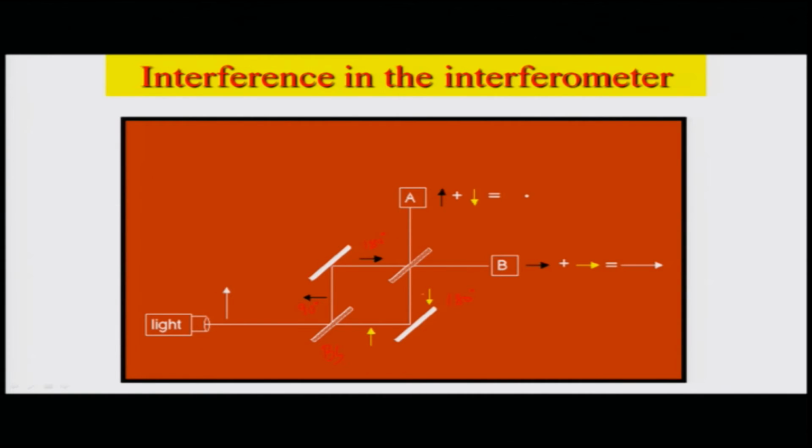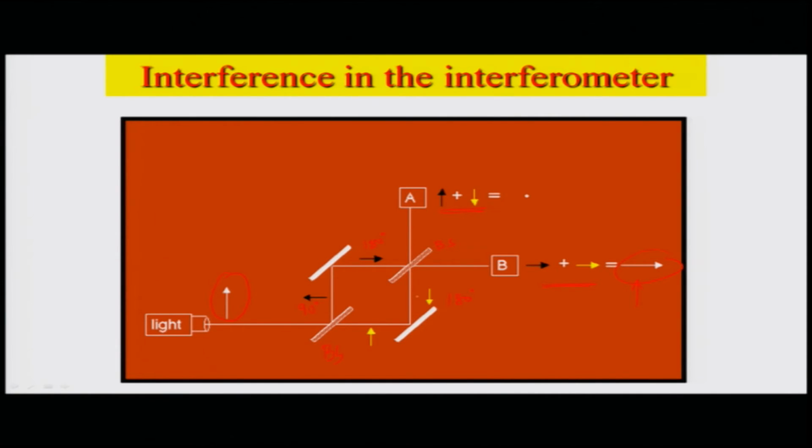When they combine here, once again the one which is going through will maintain it as it is through the beam splitter, whereas the one going in this direction will undergo a 90-degree flip. That way this one is going to flip 90 degrees, whereas this one is going to go as it is, and therefore they will destructively interfere, whereas these two will interfere constructively. So, all the photons will now be found in the state where they were to start with, and that explains what we were just saying before.